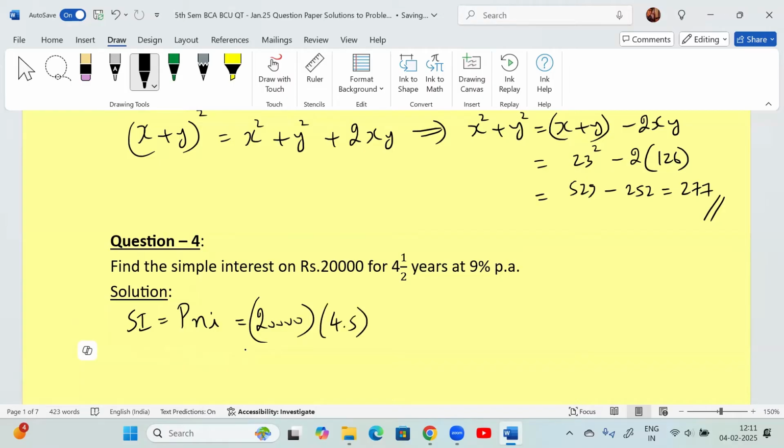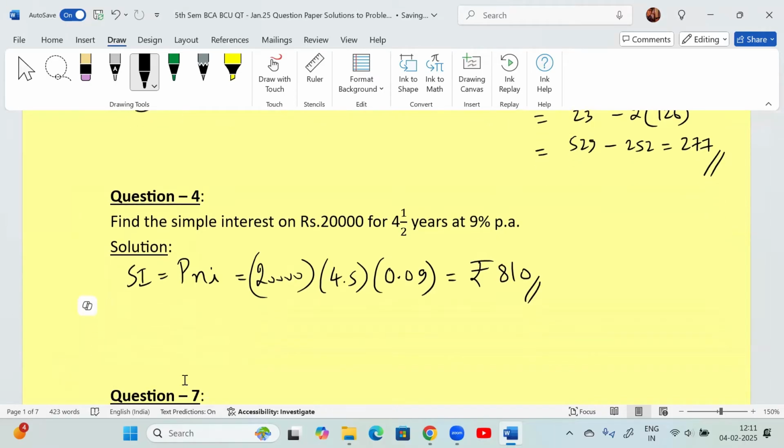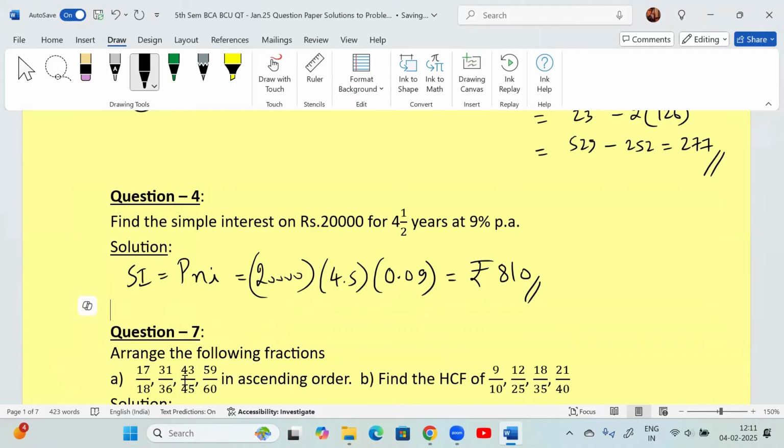I is the interest rate, which is 9% given in the question. I can write it as 0.09. So multiplying these three numbers, we will get the simple interest as rupees 810. So that will be the solution for this. Let us move on to the next question.